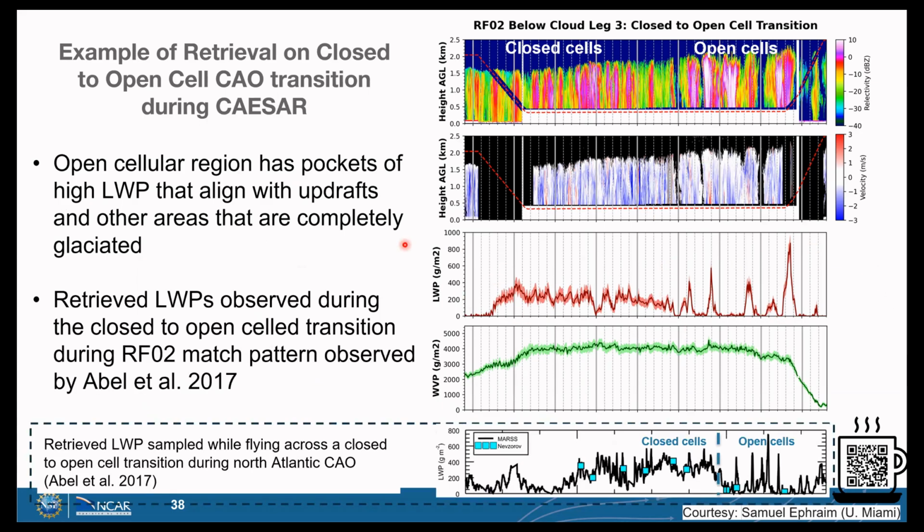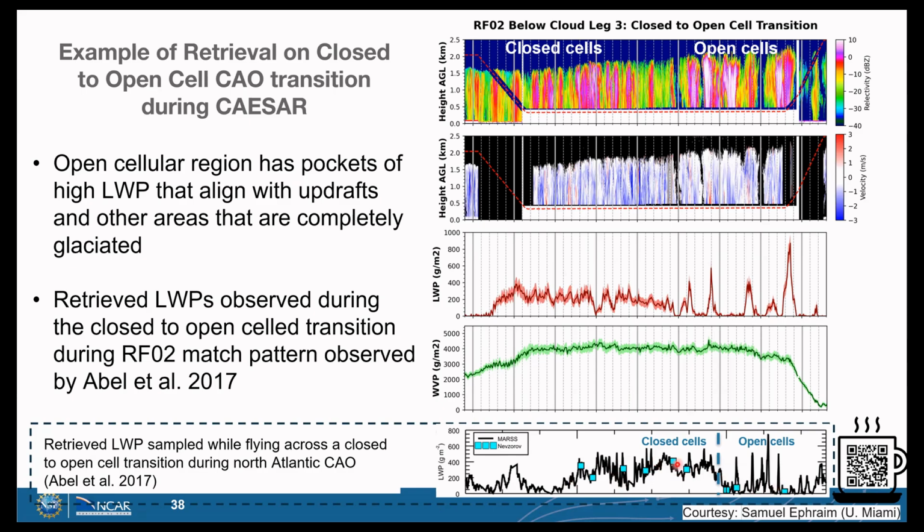And the liquid water path here is from his retrieval. This is below cloud base. You can see pretty clearly a shift in structures right here when you have this more open cellular regime. And this is pretty similar to what was seen in some other CAO measurements in the North Atlantic here. It looks kind of reminiscent of that.